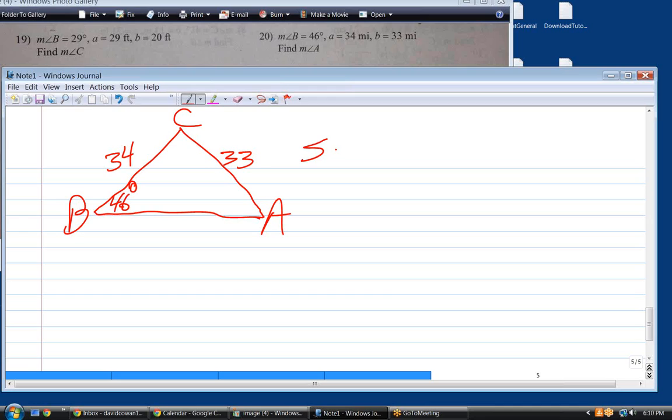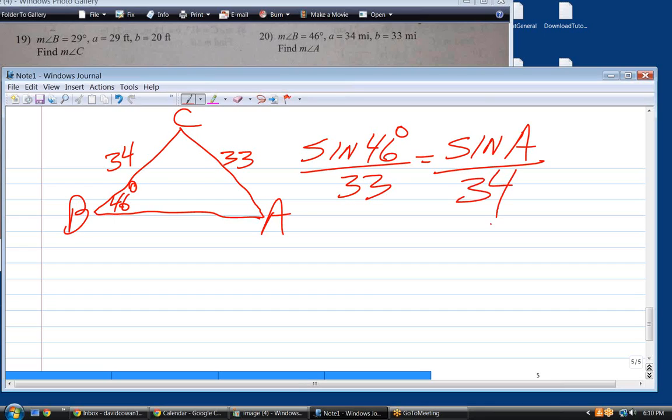So sine 46 over 33 is equal to sine A over 34. Okay, tell me what sine A is equal to. It's 0.74.